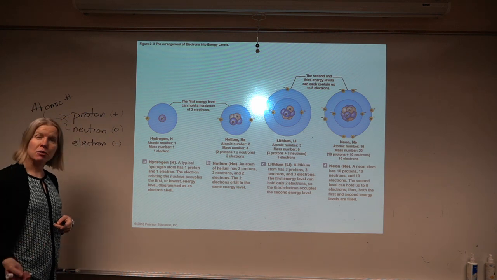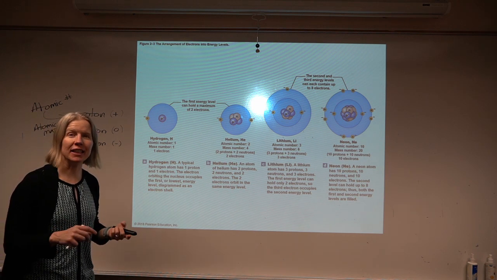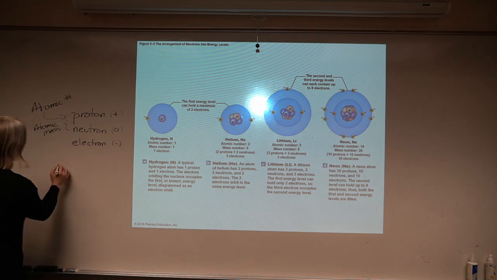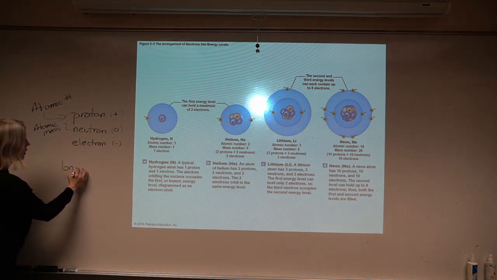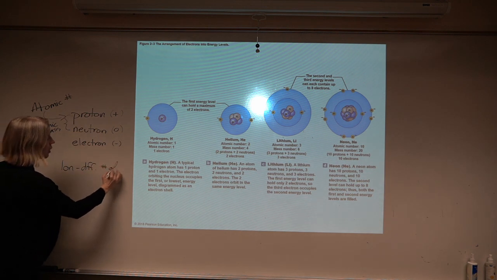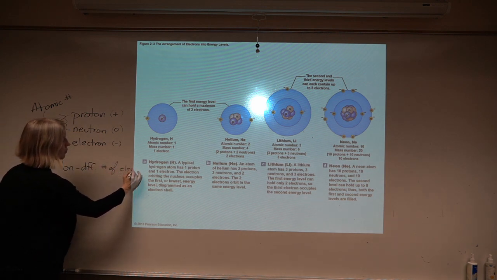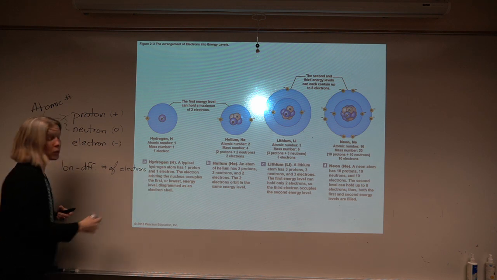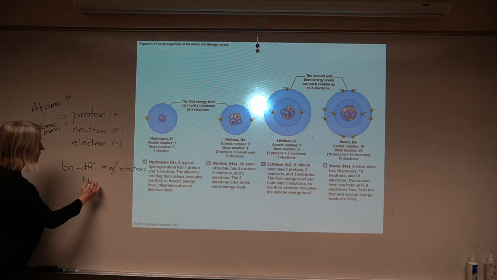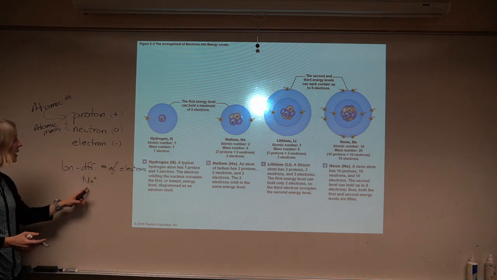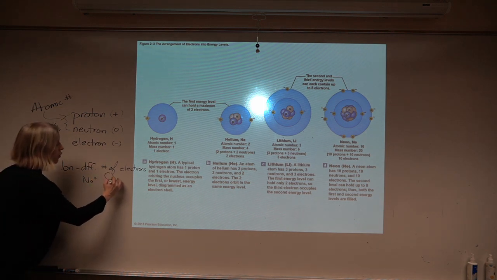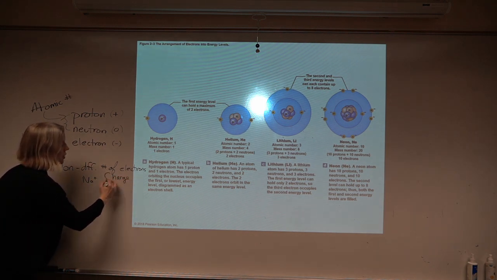The only exception to that would be if you're dealing with what we call an ion. An ion is going to have a different number of electrons than protons. We'll come back and talk about that a little bit more, but an example that you'll definitely see in this class is a sodium ion. It shows us that there's a charge on this.